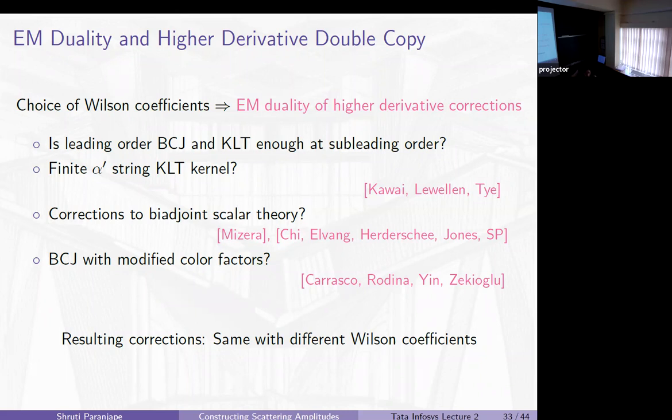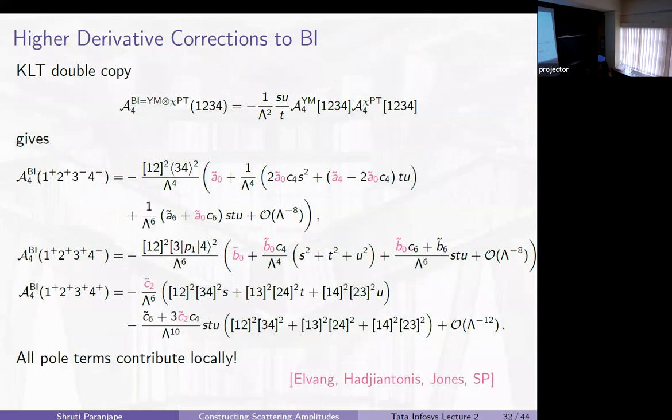In higher derivative corrections, you said at tree level, this was the answer. Even at the loop level, what happens to this, the one loop correction? Actually, these other double copies, the ones that are not gravity, haven't been checked a lot beyond tree level. We did a very preliminary calculation, which is a 4.1 loop, and it seems to work.